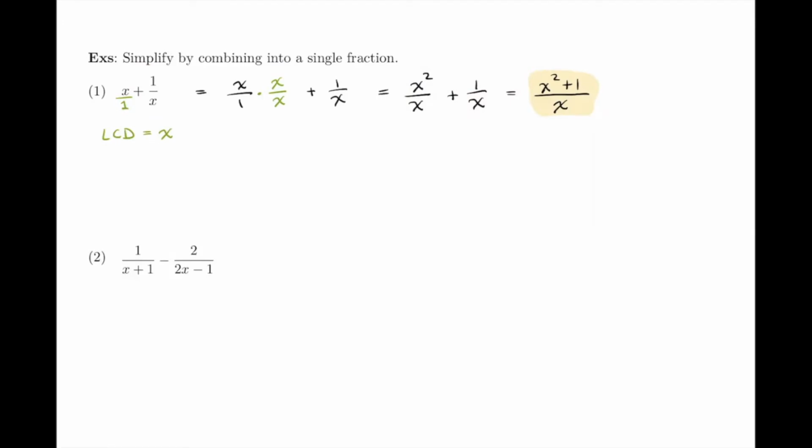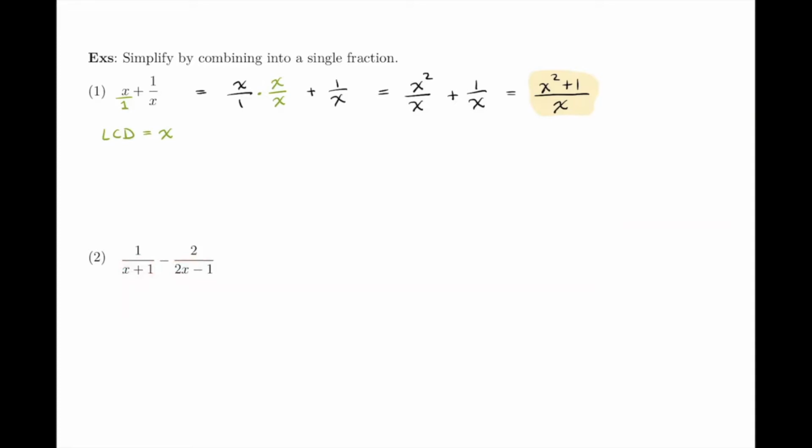In example 2, we have 1 over x plus 1 minus 2 over 2x minus 1. Again, notice that we have a fraction minus another fraction. In order to combine these together, we need to get a common denominator. I always like to look for the least common denominator, although you can always multiply the individual denominators together to get a denominator that is common.